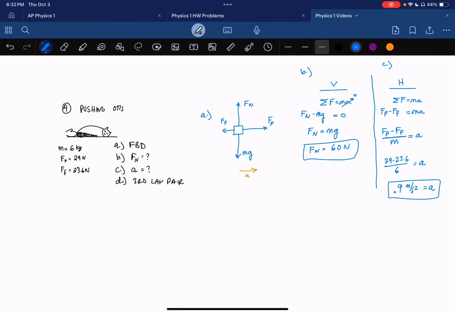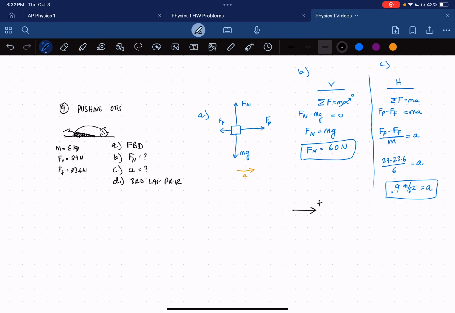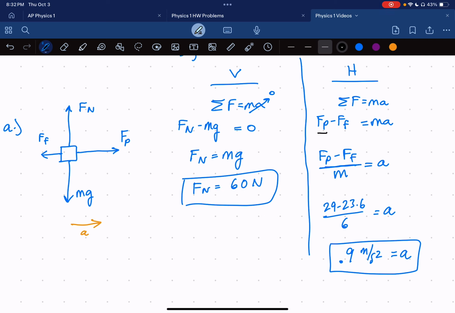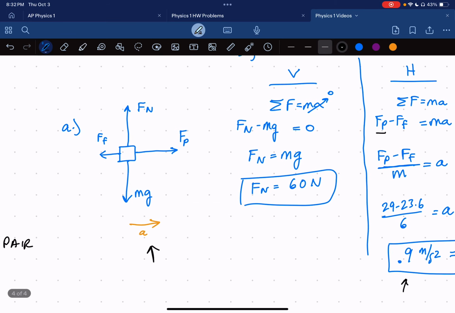Okay, before we do the third law pair, I realize I forgot to say something very important. In the past, we've said to the right is positive, to the left is negative, up is positive, down is negative. And clearly here, we just threw all that out the window. So don't even think about that anymore. By always putting the force that is greater first in the equation, we are keeping our answer here positive, and the direction is part of our drawing.